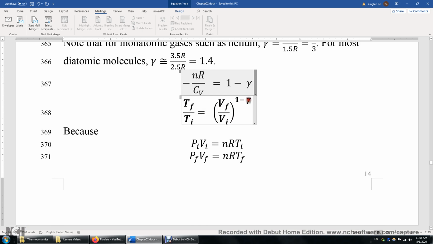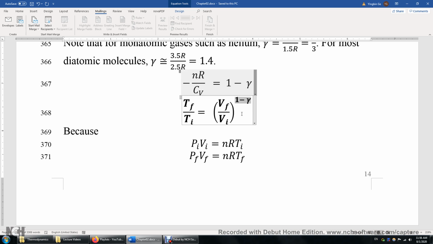Since gamma is greater than 1, 1 minus gamma is negative. When the system expands, temperature decreases. This is understandable because Q is 0, and the system expands and does work on the surroundings, so the internal energy of the ideal gas should decrease. That means the temperature should decrease.